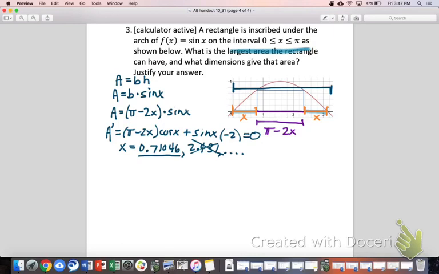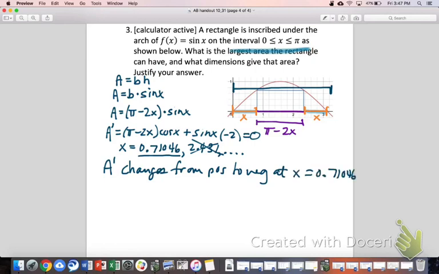So when you think about that, that's going to allow a rectangle to fit in there, but we want to look carefully at the graph of A prime and notice what's going on at that critical number. And hopefully you're seeing the same thing I am. I'm seeing that at that critical number, A prime changes from positive to negative. And of course, that's exactly what we were looking for, because we were looking to try to maximize the area of the rectangle.